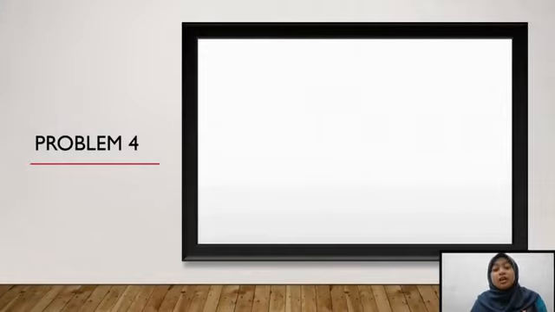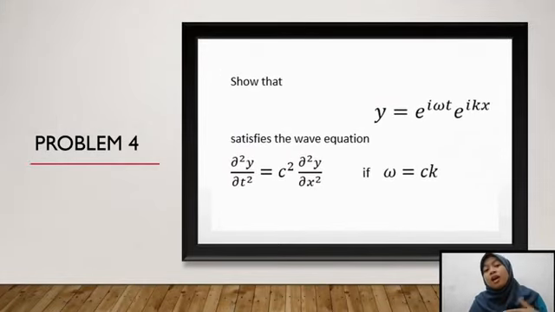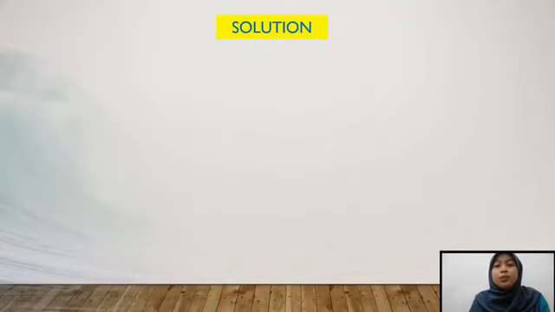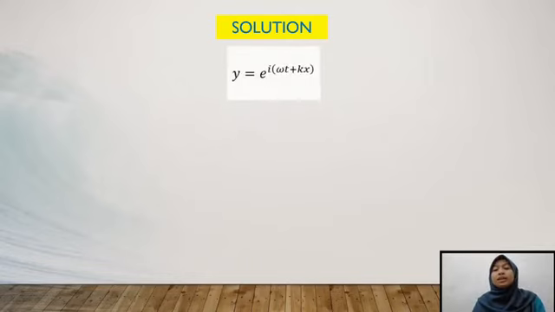Problem 4 shows that y equals exponential i omega t multiplied by exponential of i kx satisfies the wave equation if omega is equal to ck. Firstly, we simplify the expression, which gives y equal to exponential i bracket omega t plus kx. Then we look for both second order partial derivatives of y with respect to t and x.